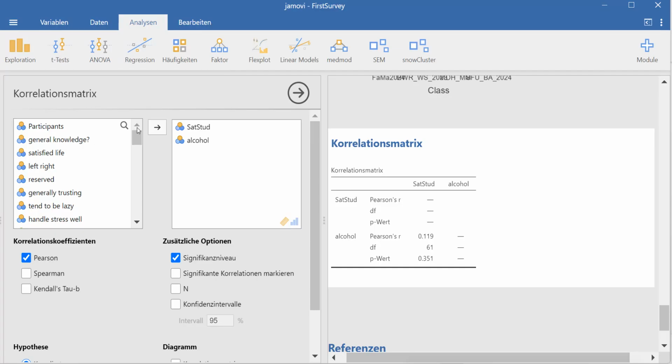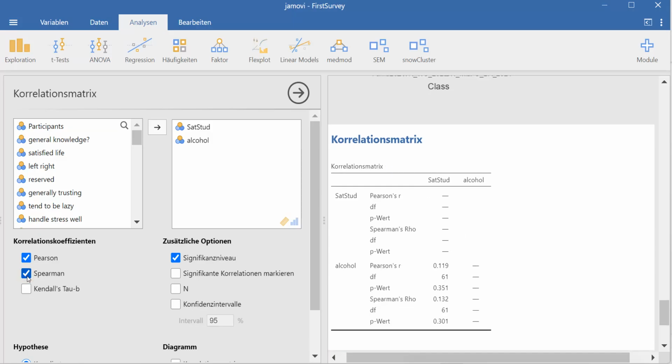But for ordinal scale data, you have to apply a different correlation coefficient. This is, as you see here, Pearson's correlation coefficient. For ordinal scale data, you need to apply Spearman's correlation coefficient. It is calculated a little bit differently, but you see the value here for Spearman's rho, 0.13, is not such a big difference to Pearson.